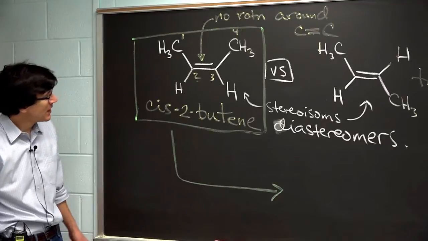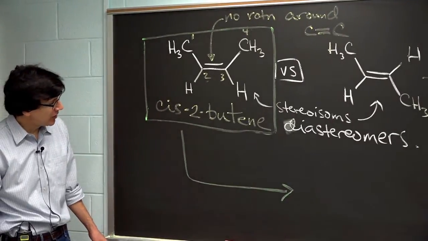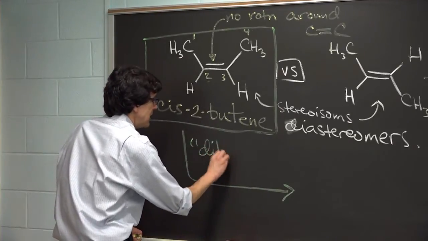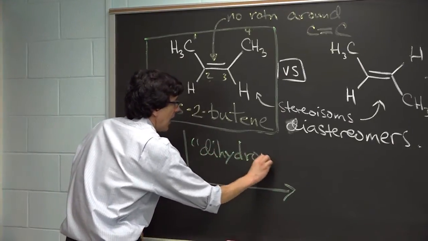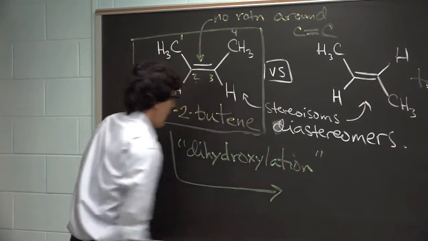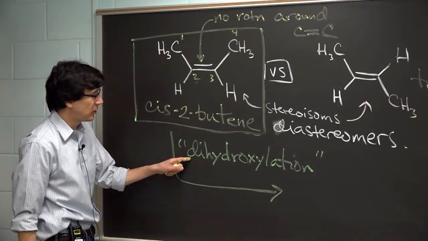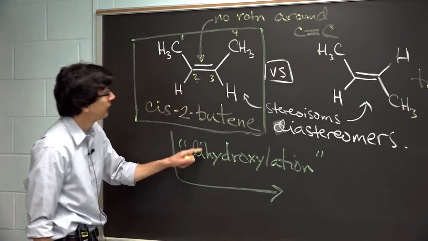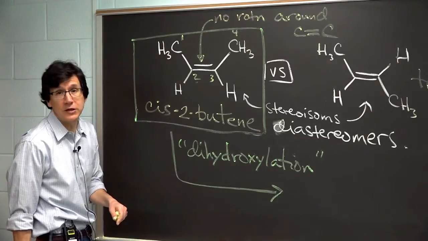But let's just imagine a magic reaction called dihydroxylation. And as the name implies, you're going to add 2 hydroxyl groups to cis-2-butene.